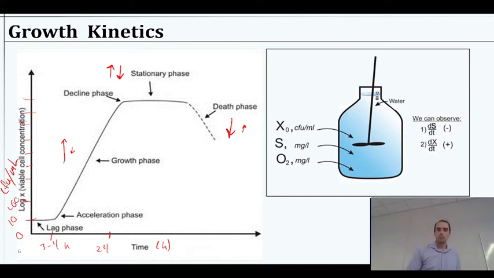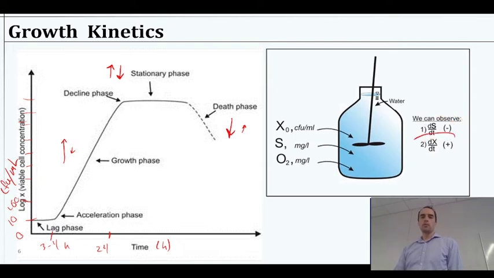Okay, so in this, we see that we have two equations at play, really three. One would be the removal of the substrate. So dS/dt is decreasing. You're eating the food, right? In a wastewater sense, that's what we're looking to have happen. We want dS/dt to be negative, to decrease the amount of food in there.